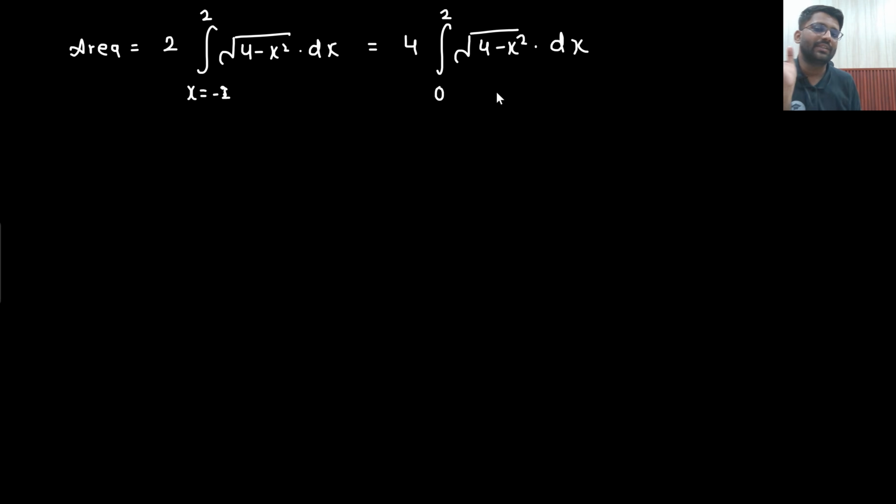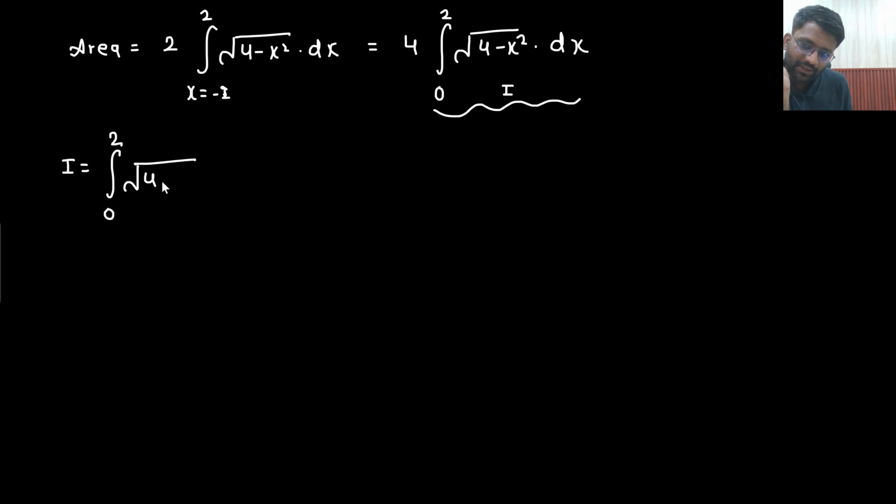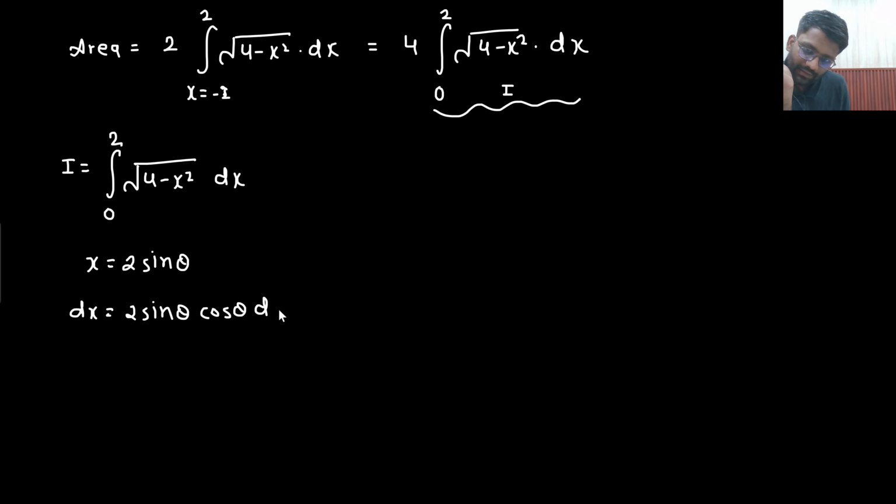Your target is to solve this integration. Let's just say this integration is I. My target is to solve this integration I. I is 0 to 2 under root 4 minus x square dot dx. What would I do? I will assume x as 2 sin theta. So what will be dx? Dx will come out to be 2 cos theta d theta. Now when x equals 0, theta will also be 0.